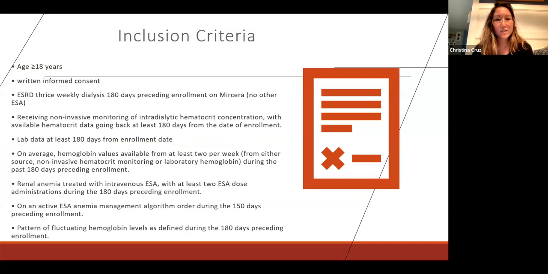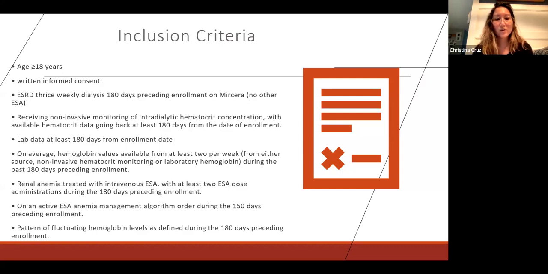And the inclusion criteria for the study: the patient had to be equal to or greater than 18 years old, able to give informed consent, on dialysis 3 days a week, receiving non-invasive monitoring of intradialytic hematocrit concentration during dialysis, which is the Crit-Line that I had mentioned before, with lab data at least 180 days from enrollment date, on average hemoglobin values available from at least 2 per week, either from the Crit-Line or from laboratory hemoglobins during the past 180 days preceding enrollment.